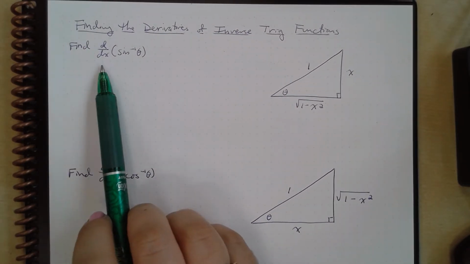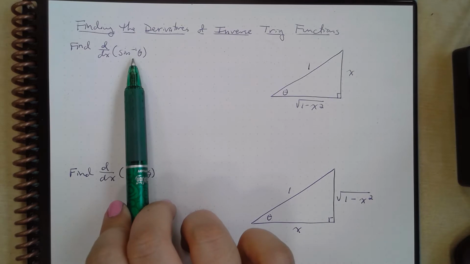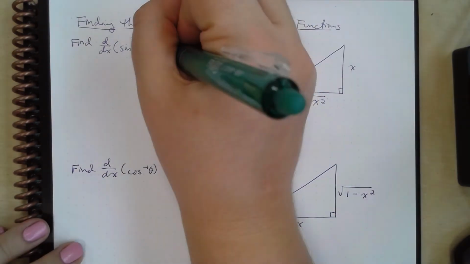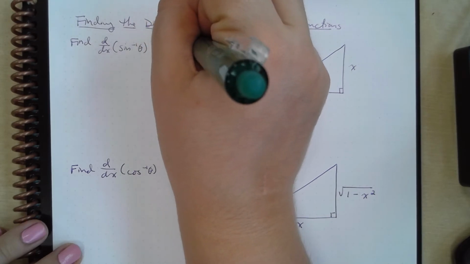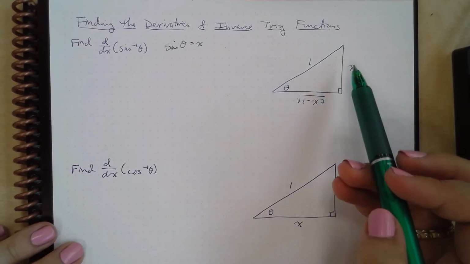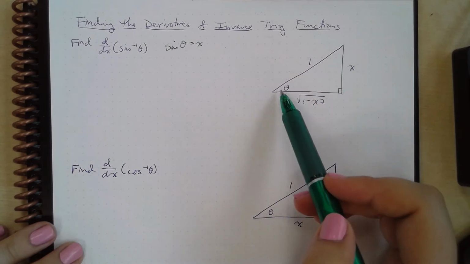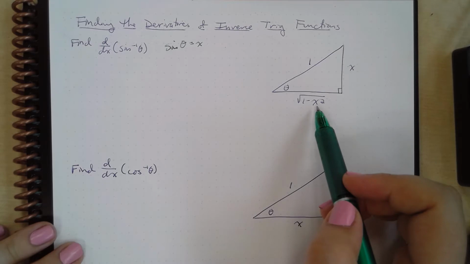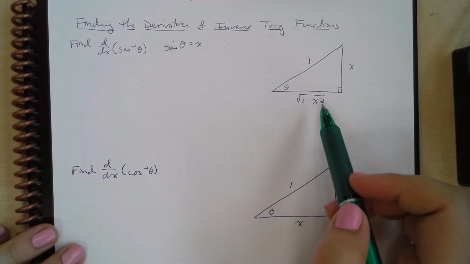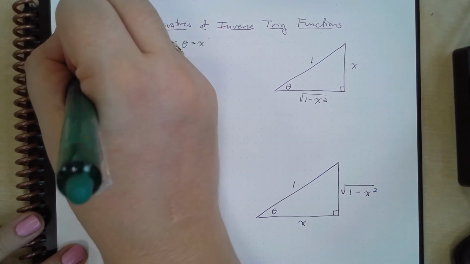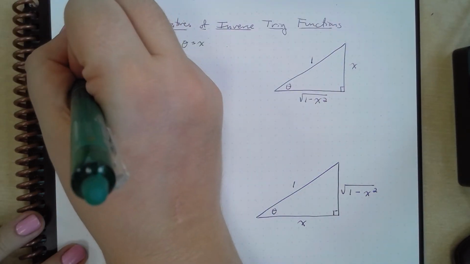So let's say we want to find the derivative of sine inverse of x. And sine of theta is equal to x, right? So here we've got our right triangle set up. The opposite side is x over a hypotenuse of 1. So then our remaining side is the square root of 1 minus x squared. So sine of theta is equal to x. Then I'm going to take the derivative of both sides.